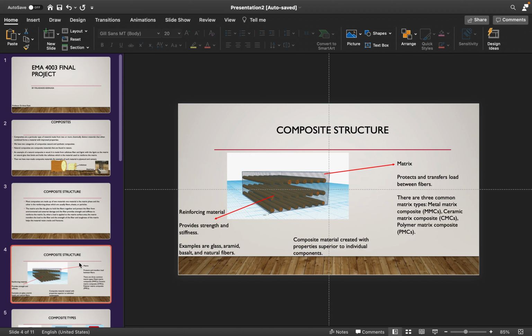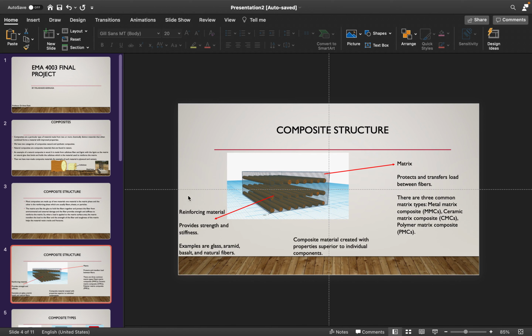So this is a pictorial representation of a composite structure. We have the matrix, it protects and transfers load between the fibers, and there are three common matrix types. We can have metal matrix, ceramic matrix, and polymer matrix composites, but we can also have more than one material as the matrix.